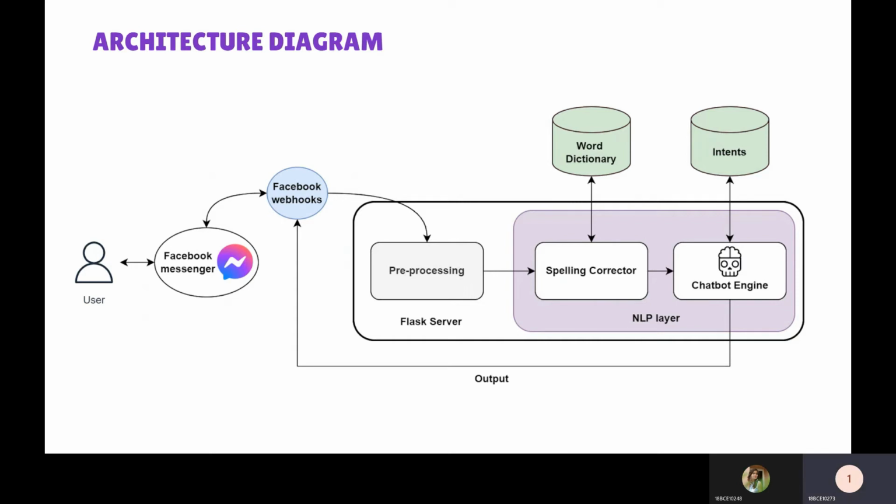After that, it will be sent to the chatbot engine, where it will find the intent from the input and try to find the right answer and generate it using the data corpus that we have made ourselves. Then it will be sent as a response to the Facebook Messenger, via Facebook webhooks, that the user will be able to see.